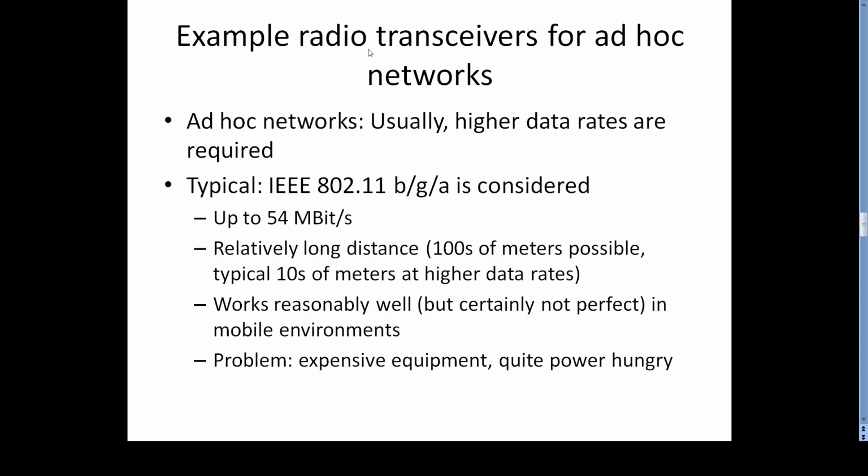We can also see some examples of radio transceivers for ad hoc networks. In ad hoc networks, higher data rates are required, and it supports up to 54 megabit per second. It supports relatively long distances, hundreds of meters possible, typically tens of meters at higher data rates.